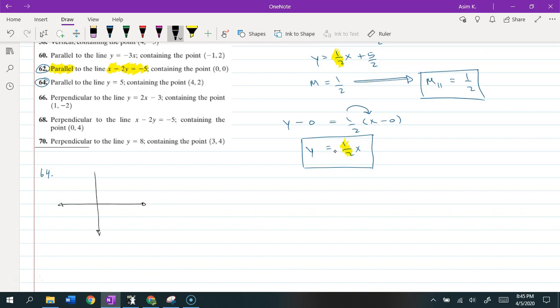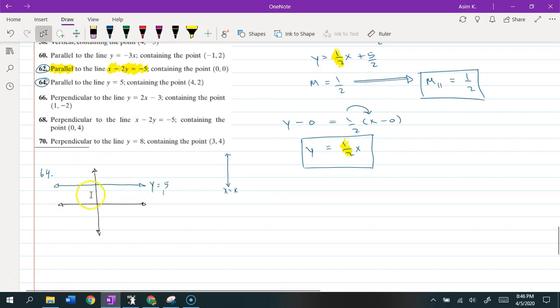We know that our line is parallel to the line y equals 5. Okay, so you got to ask yourself, what does a line y equals 5 look like? If you've never learned this before, then I'll teach it to you. Just like a line that was x is equal to something was a vertical line, right? The same way y is equal to something is a horizontal line, okay?